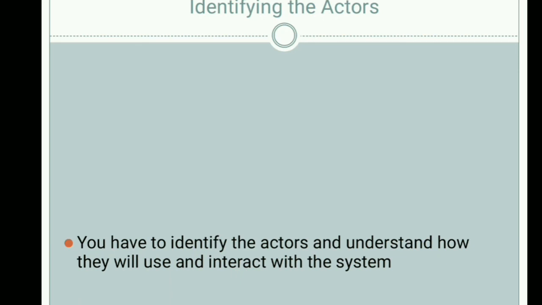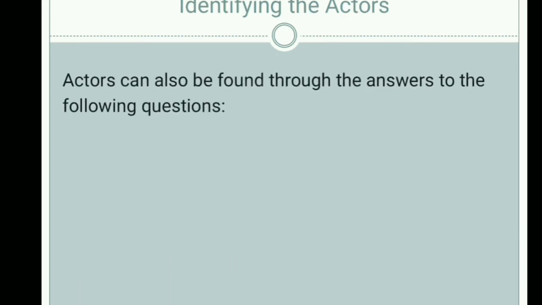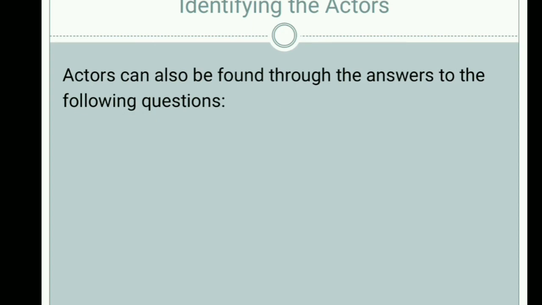Basically you have to identify the actors and understand how they are going to use the system and how they are going to interact with the system. These are the important instructions that will help us understand what exactly actors do. Actors can also be found through certain questions.